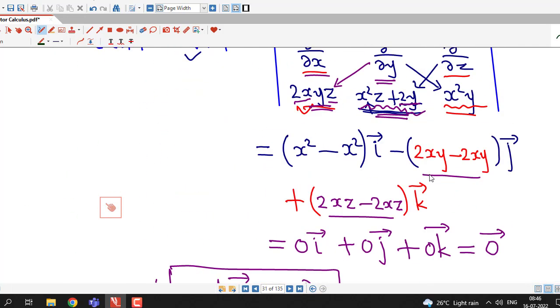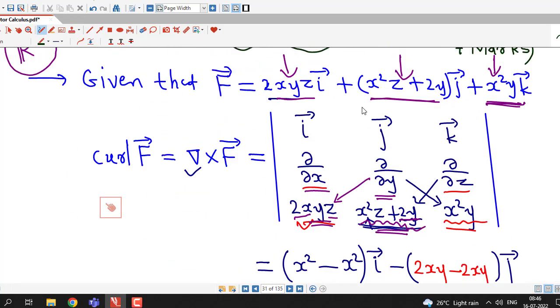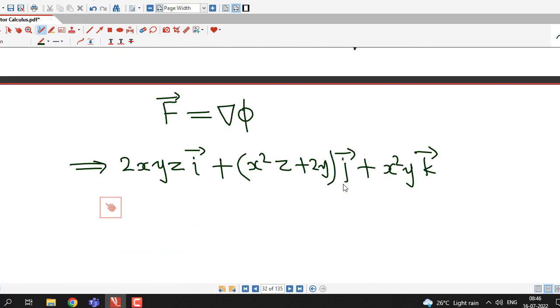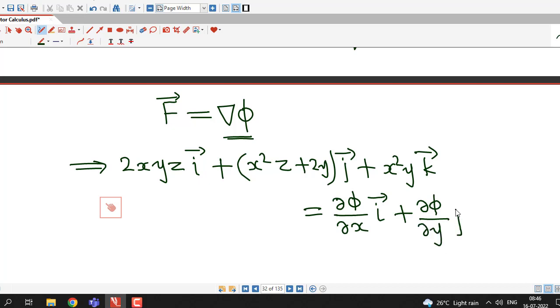Let me check again: 2xyz, x² z + 2y, x² y. And by the definition of gradient, this is equal to partial derivative of phi with respect to x times i, plus partial derivative of phi with respect to y times j, plus partial derivative of phi with respect to z times k.